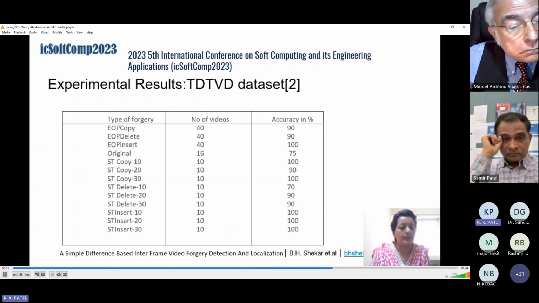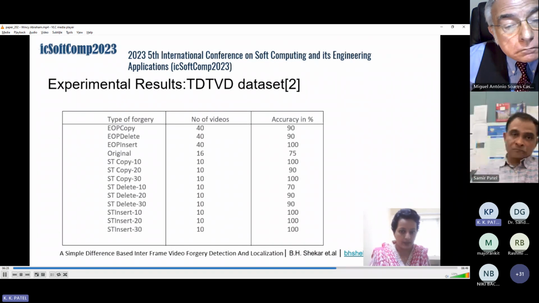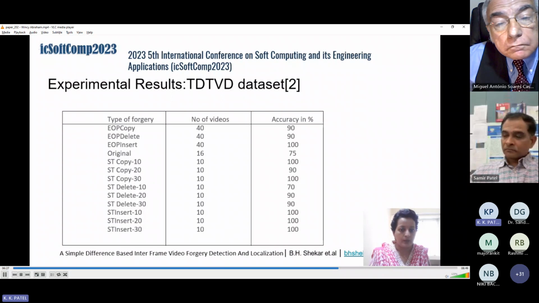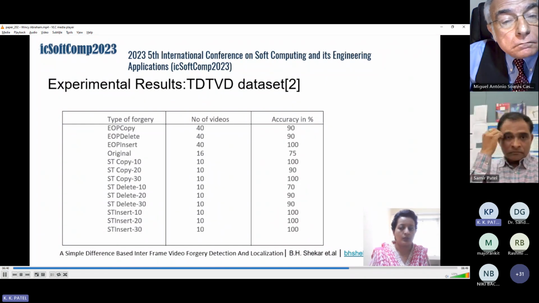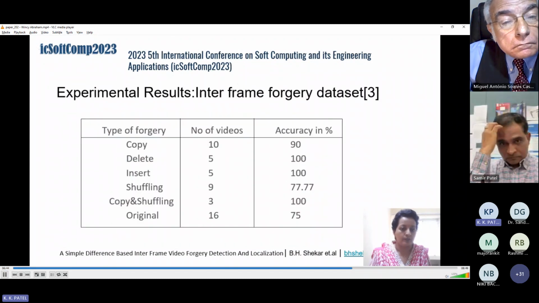Then another dataset we have used is the TD-TVD dataset. The references are given, and here also there are different numbers of videos for each type of forgery. This covers different kinds of copying, insertion and deletion, and this is the accuracy we obtain for the different types of forgery.